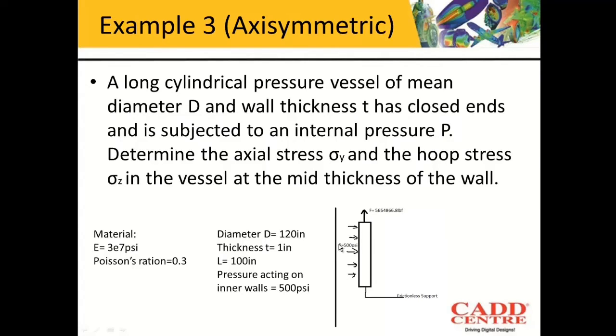Because the pressure vessel is closed from both the sides, we are going to apply one axial pressure force of 5654866.8 lbf. Now why are we considering this?